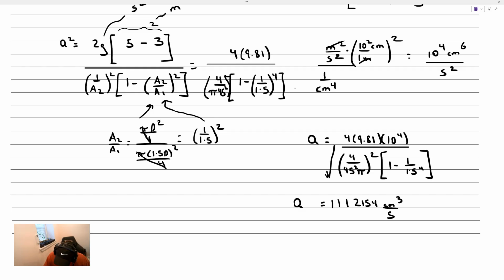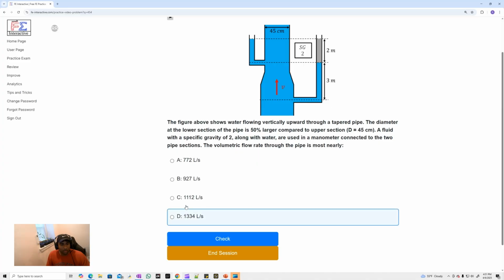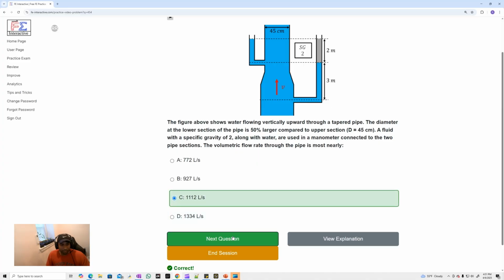Remember, I went ahead and took that square root as well. And we know that there is 1,000 cubic centimeters contained in a liter. So if we divide that answer by 1,000, what we end up getting is Q is equal to around 11-12 liters per second. So that's what Q is equal to. Let's go ahead and check that solution. It's pretty close to this answer here.